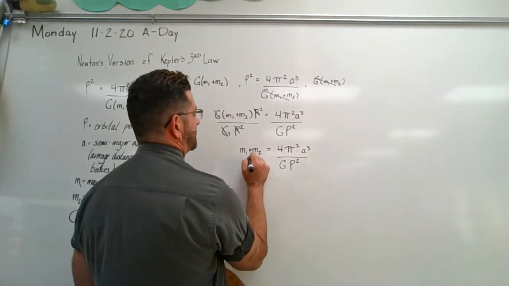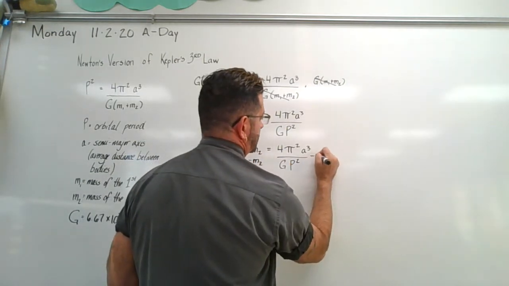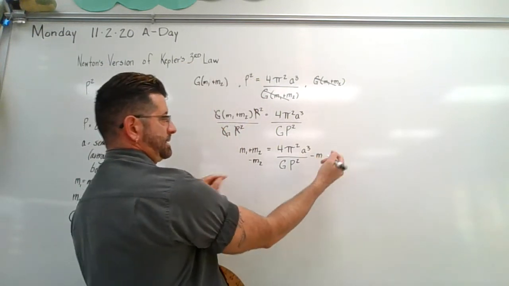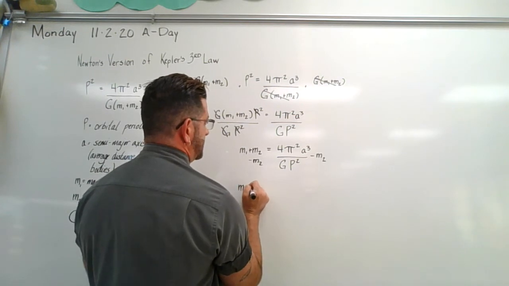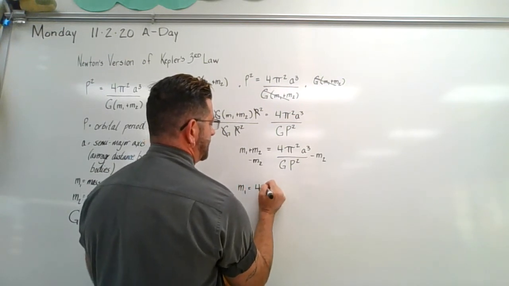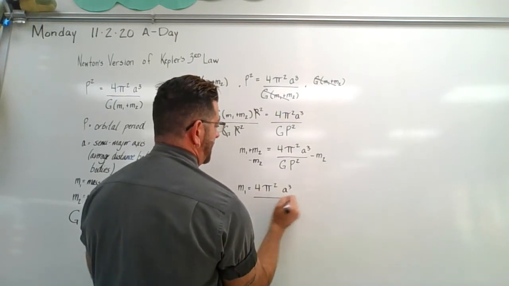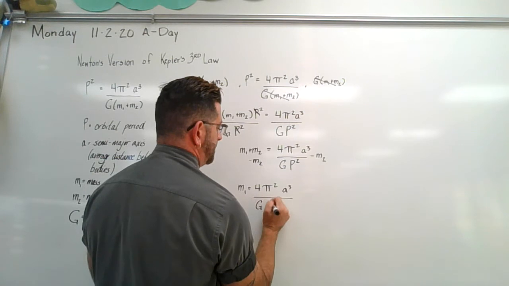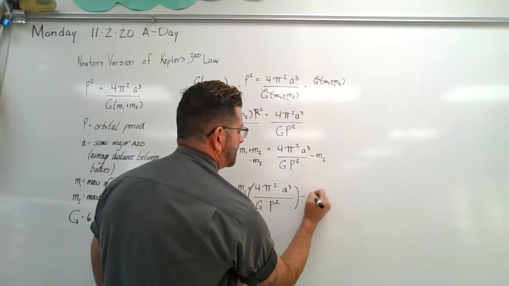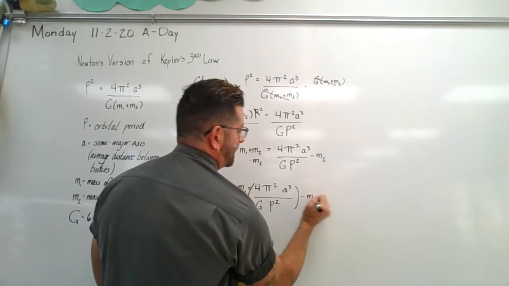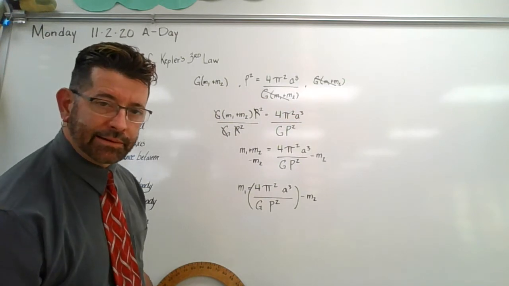Now, in order to get M1 by itself, we subtract M2 from both sides. Because if we do it to this side of the equation, we got to do it to this side too. So then our final answer would be M1 is equal to 4 pi squared a cubed divided by P squared. Go ahead and just put all that in parentheses, minus M2. Easy peasy. Nothing to it, really.